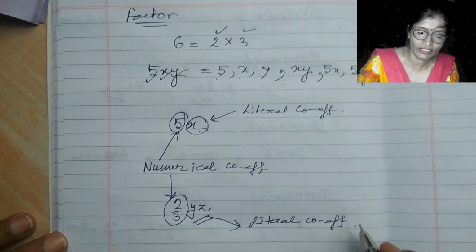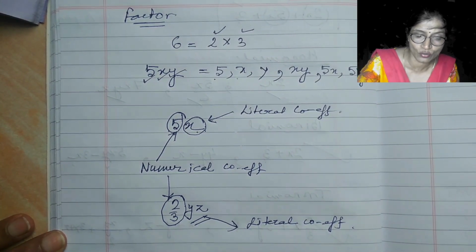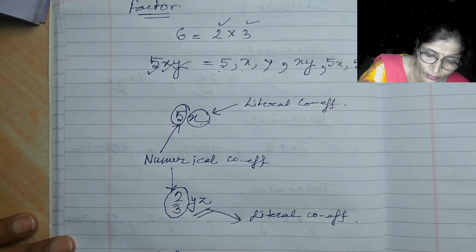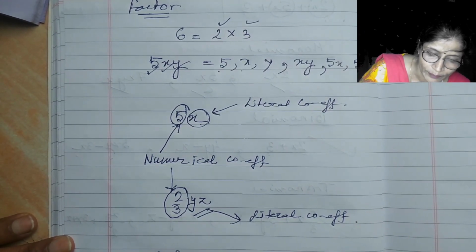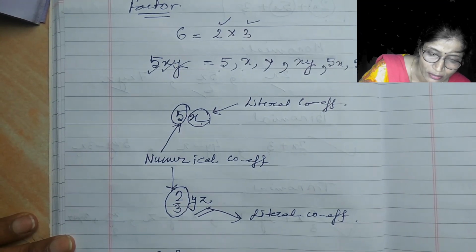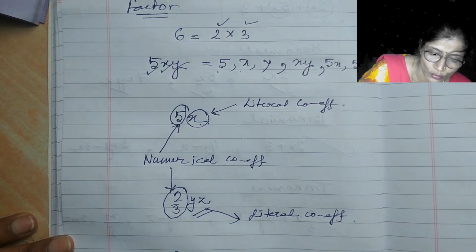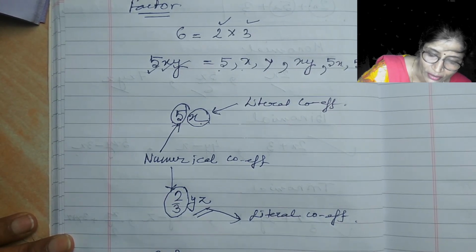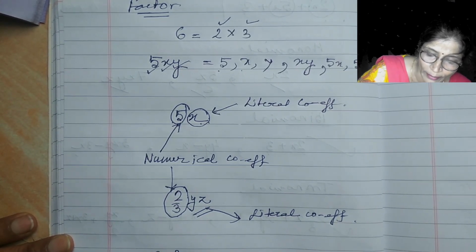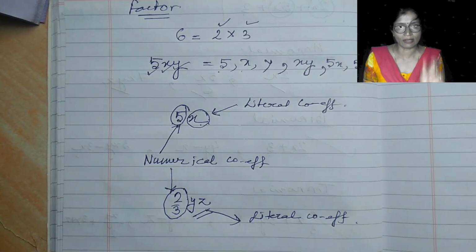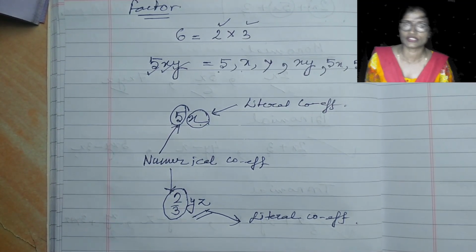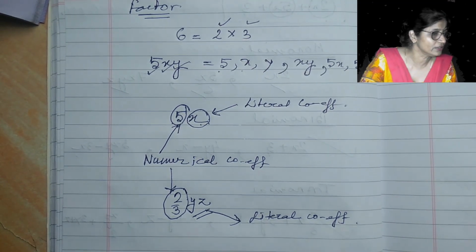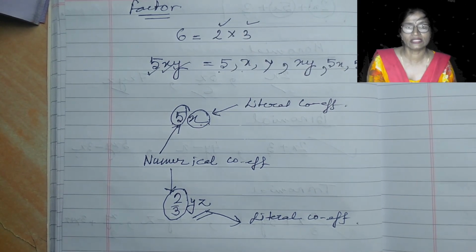And if the term is like minus 2 x square y, the numerical coefficient is here -2, and the literal coefficient is x square y. Numerical coefficient is the number along with the sign, and only the variables come in the category of the literal coefficient.